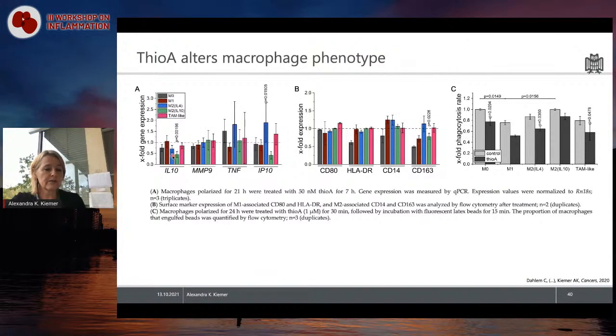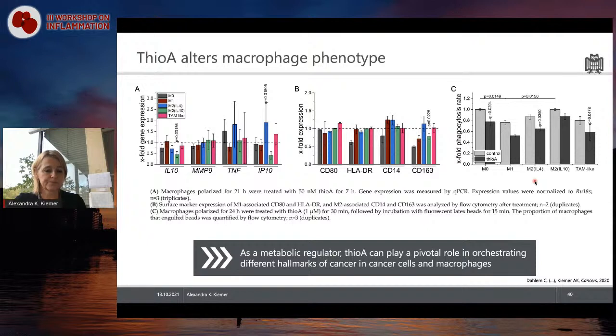We saw that the compound strongly affects gene expression of factors known to be involved in tumor promotion. We also saw an effect on surface markers, M2-like polarization markers, and a distinct effect on the activity of the cells to phagocytose.